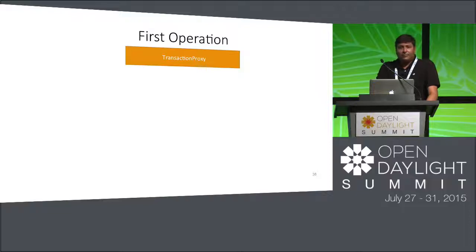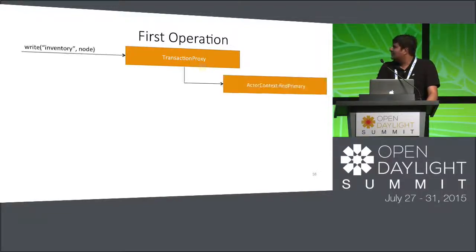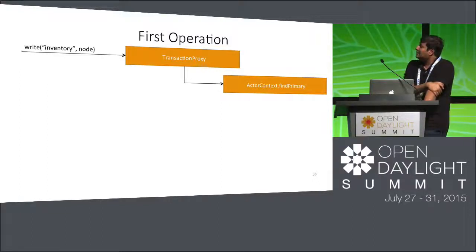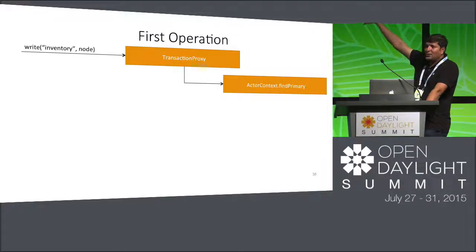But later on with a transaction proxy, you might do an operation. For example, you say, I want to write inventory node. This is when we actually figure out, okay, you want to do a transaction on inventory because you tried to write to inventory node. That's when we go ahead and try to find the primary replica of the inventory shard.